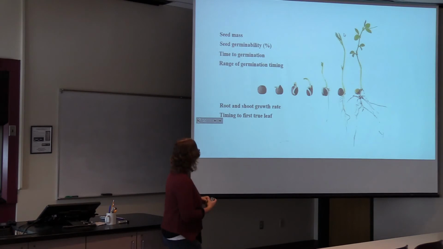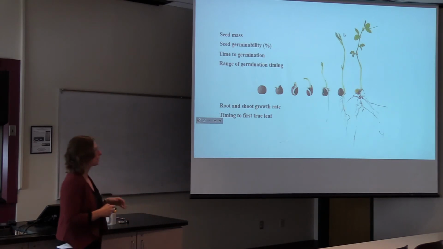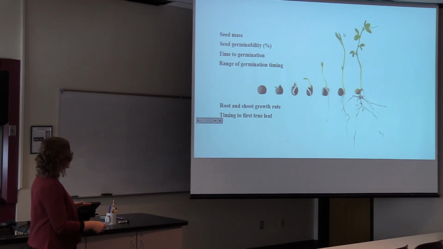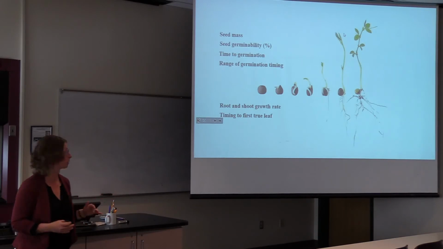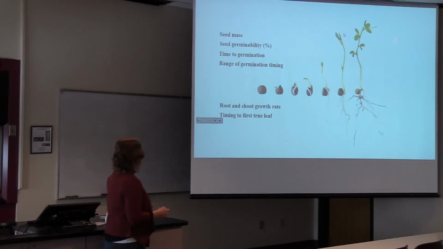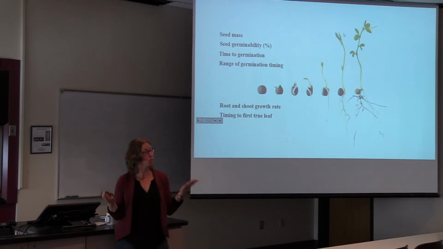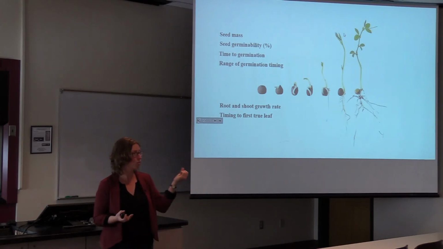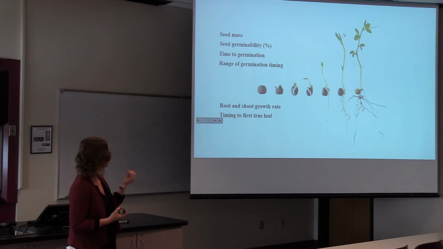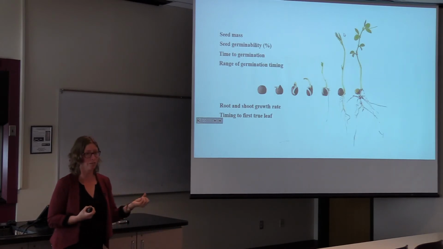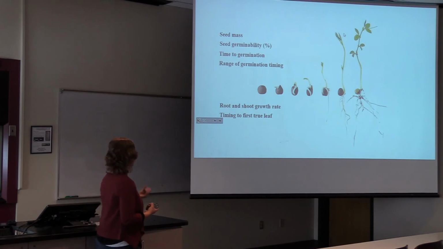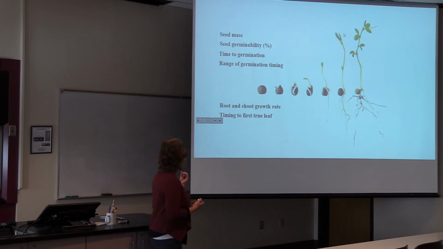That could be very beneficial. And then, like I said, if the seedling can get its roots deep in the ground really quick, that would be great for that plant. But in the same way, if it was able to make that true leaf faster, there's only so many nutrients in that seed reserve. And so the sooner it can make a true leaf, the sooner it can photosynthesize and make its own energy. And so that could benefit that species.